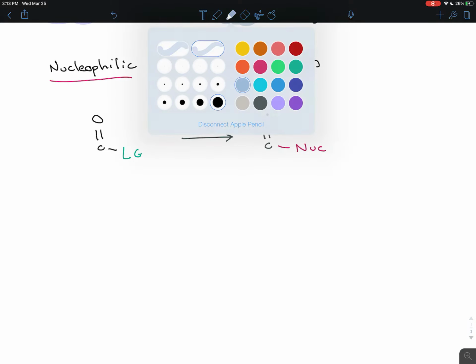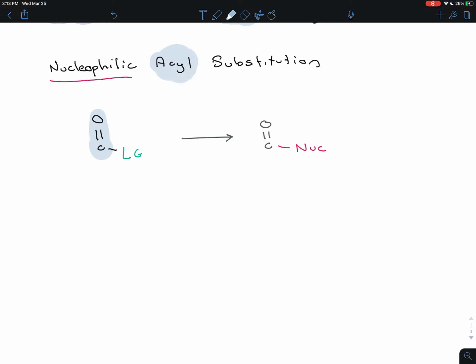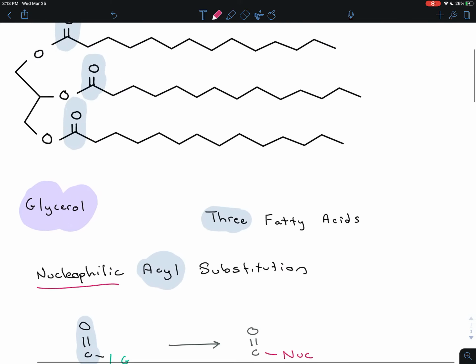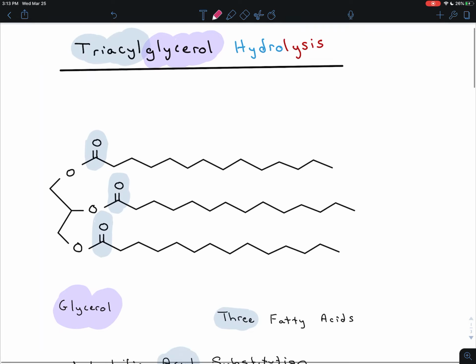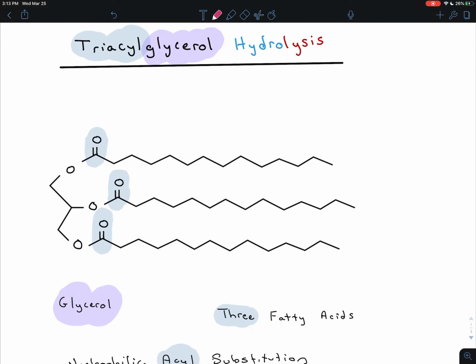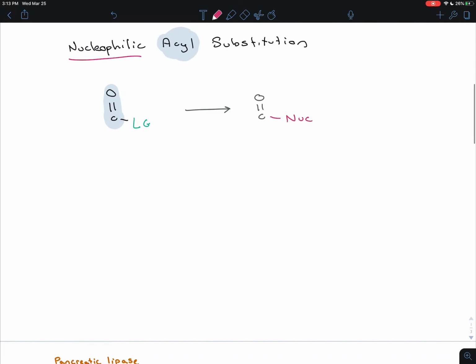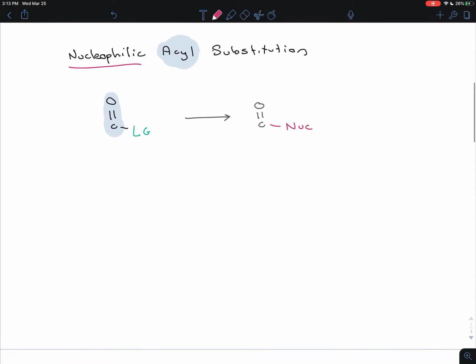You have that acyl group, and one thing, the leaving group, is getting replaced by another, so it's a substitution reaction. Okay, so this triacylglycerol hydrolysis is going to happen through 2 nucleophilic acyl substitution reactions.